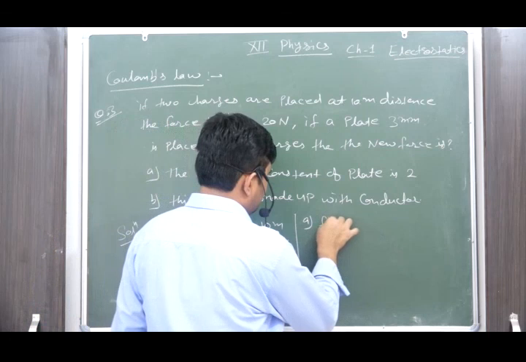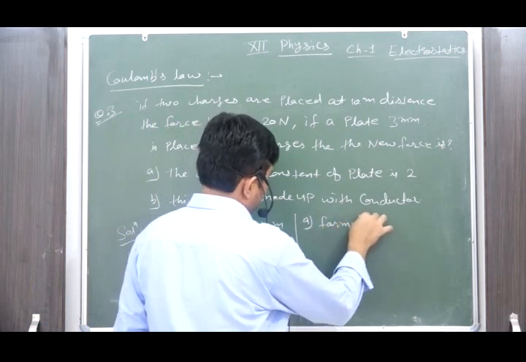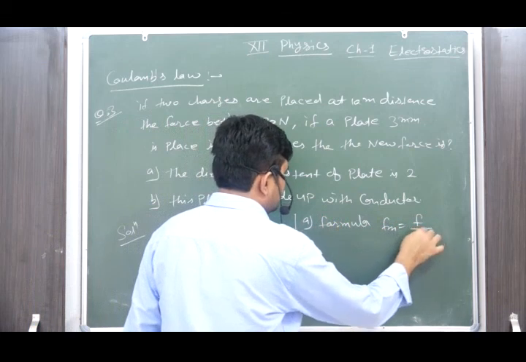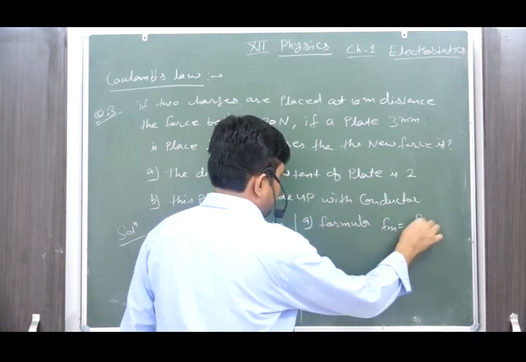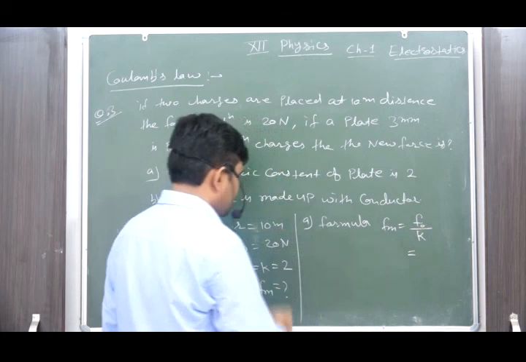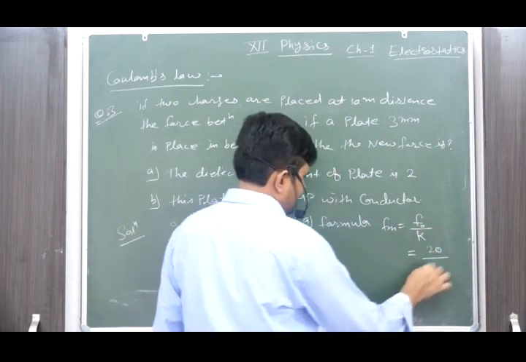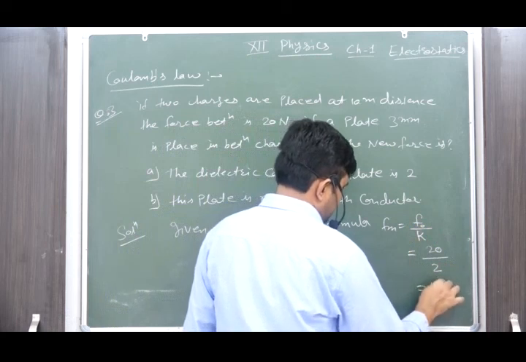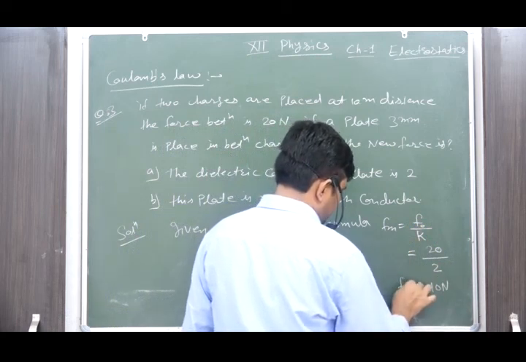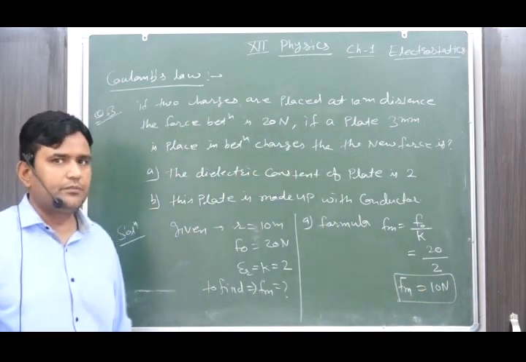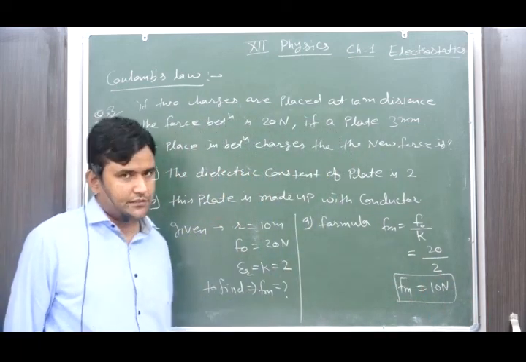The formula is Fm equal to F naught upon K. Here the value of F naught is given as 20 newton, upon the value of K, which is 2. It means the force is 10 newton. Clear? This is the first formulation.